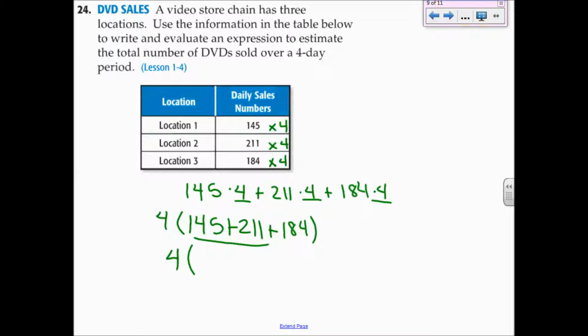So I get 356, plus 184. And if I add those together, I get 540.